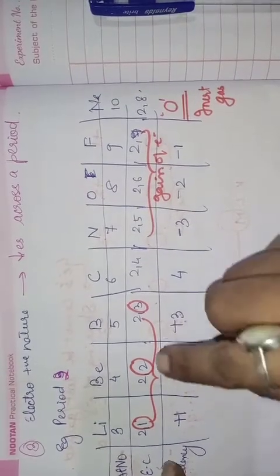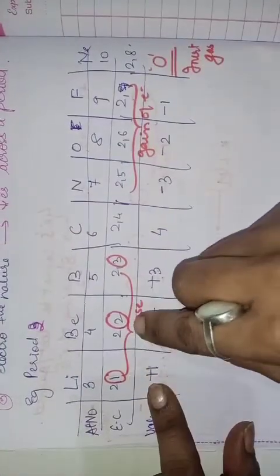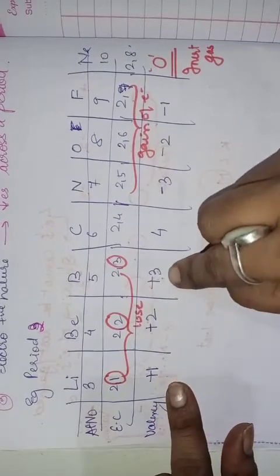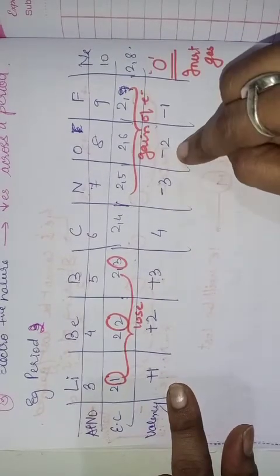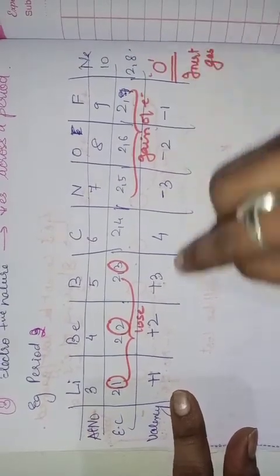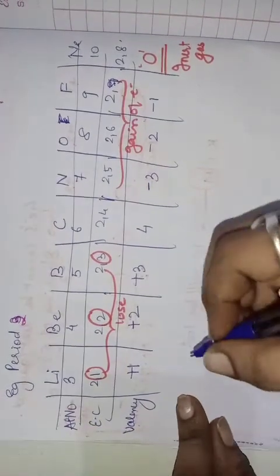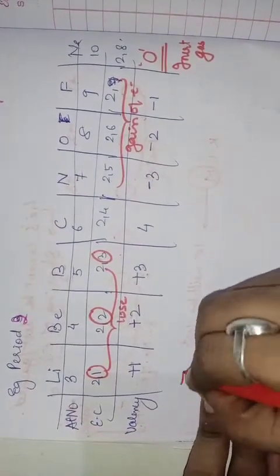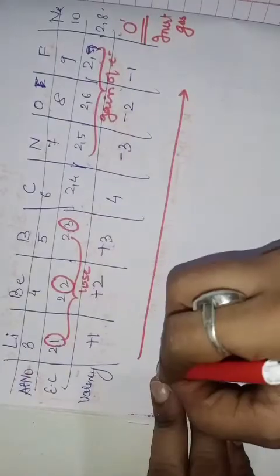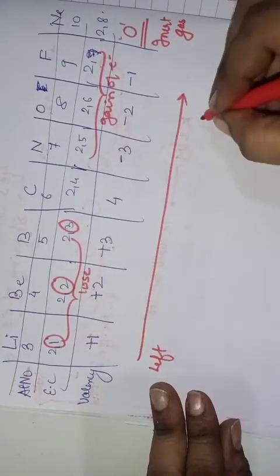Now see, electropositive nature. Here +1, +2, +3 is decreasing, isn't it? -3, -2, -1 and 0. So electropositive nature decreases. What we are studying here is across the period from left to right.